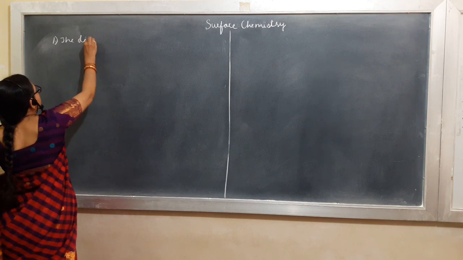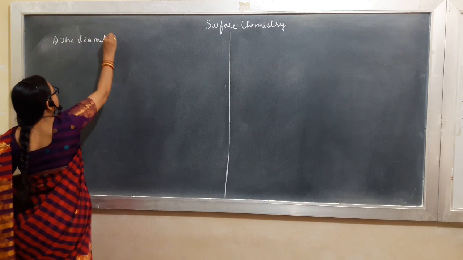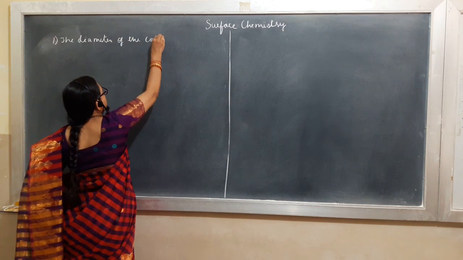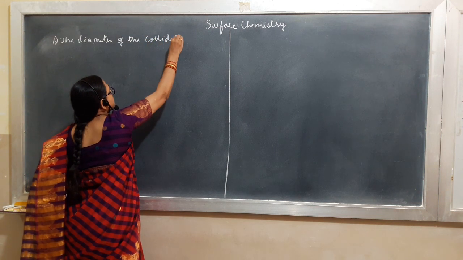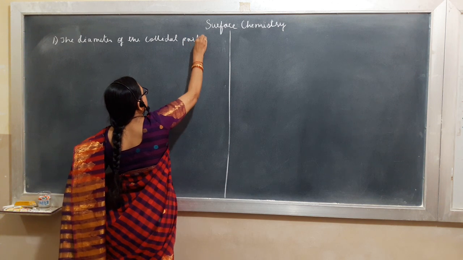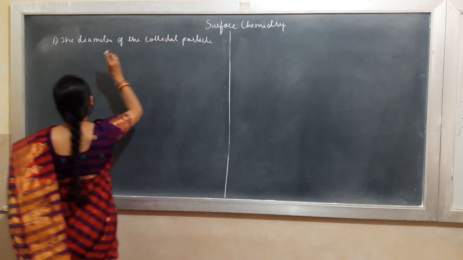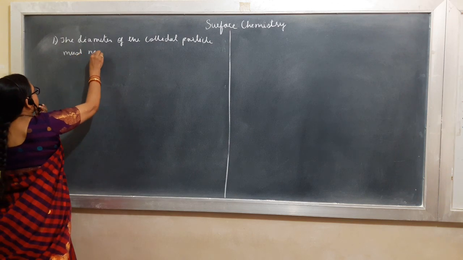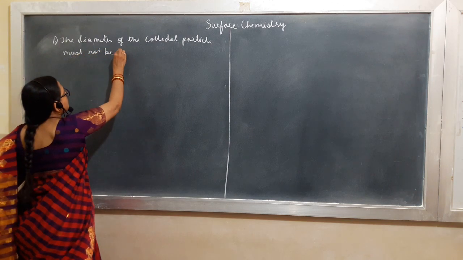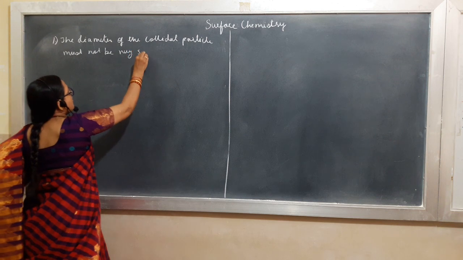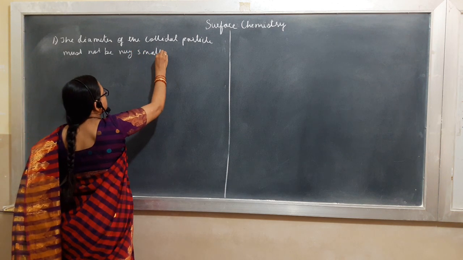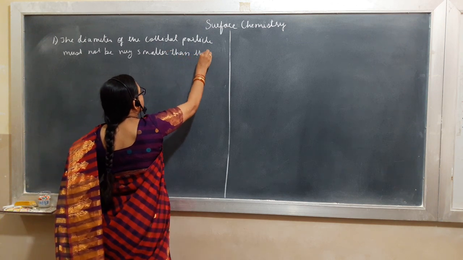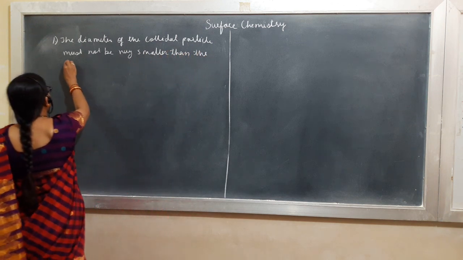The diameter of the colloidal particle must not be very smaller than the wavelength of light.